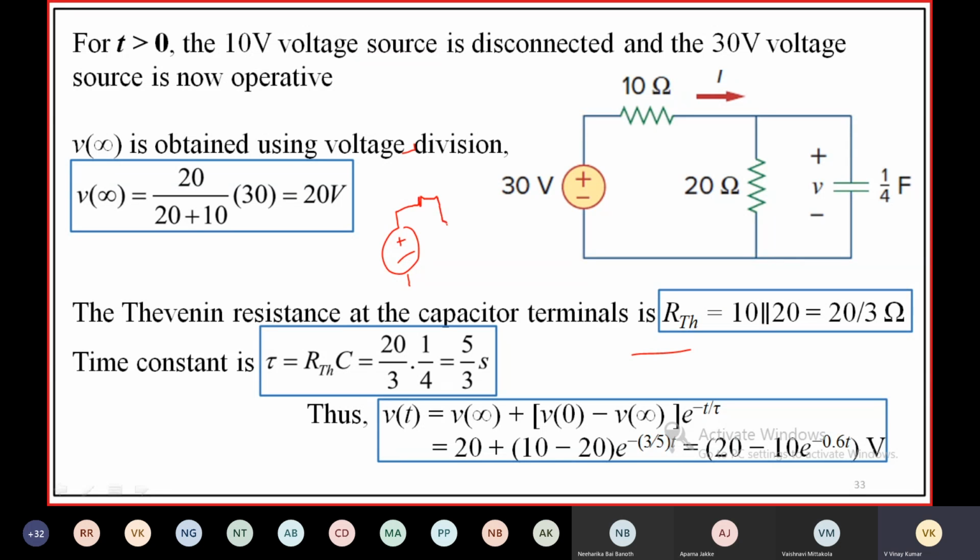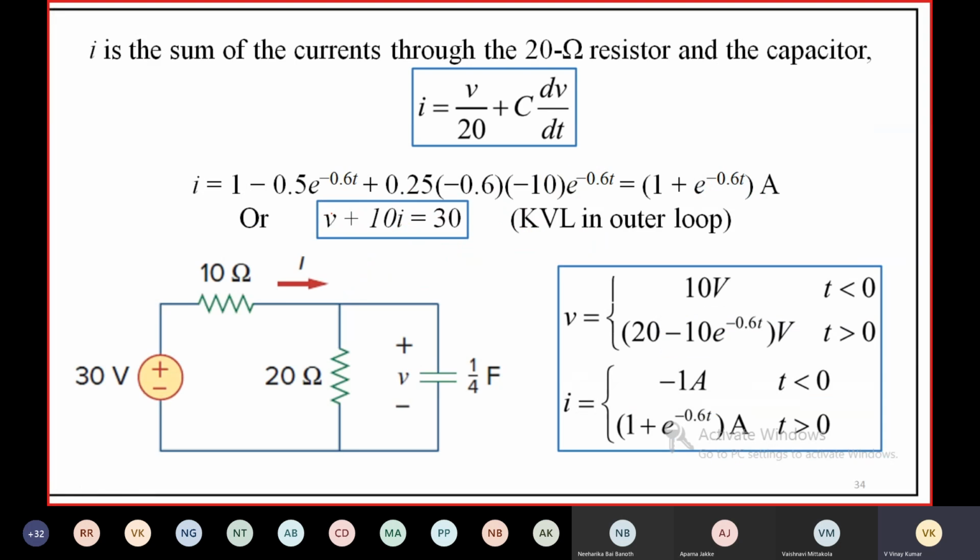So the circuit becomes 10 ohms and 20 ohms, with the capacitor as an open circuit, and the source is 30 volts. By using the voltage division rule, you can find Vc of infinity is 20 volts. All values you can find.